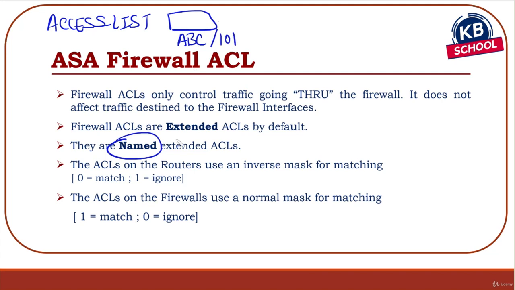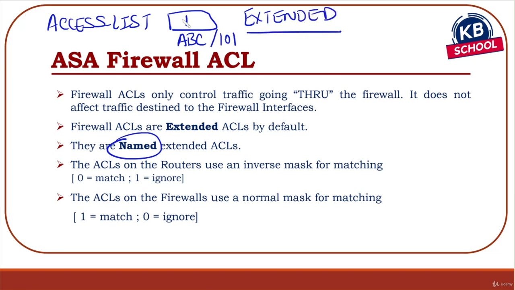It'll be treated as a name for the ACL, not a number. There are no standard or extended ACL numbers like we have on the router. So it is going to be treated as a name even if you put ACL 101. Or for that matter, even if I put ACL 1, it is still going to be treated as a named ACL. ACLs are always by default extended ACLs.